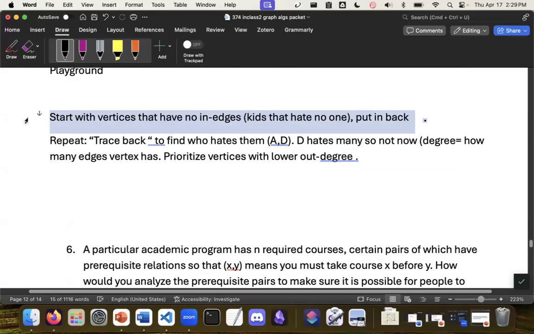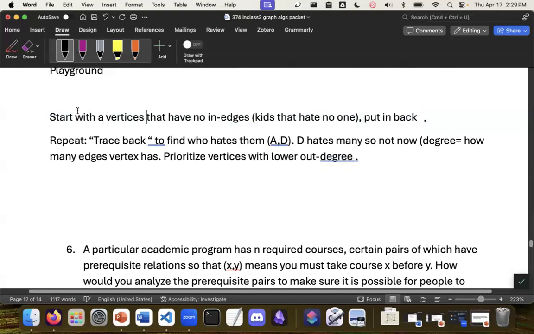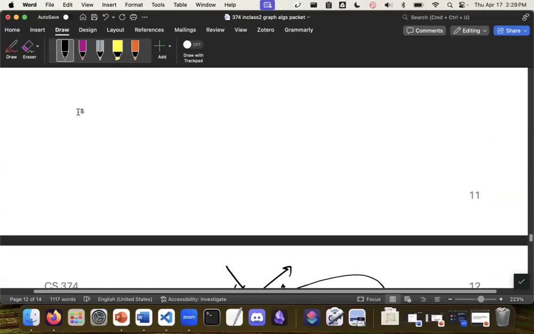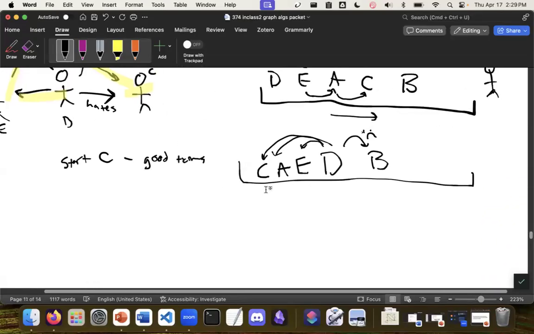Actually what we did, we started with a vertex that didn't have any in edges. So we started with B, or with C. How do we make sure B stays safe? Idea?